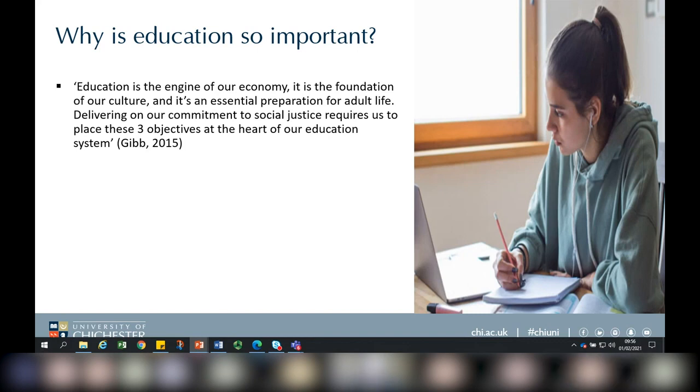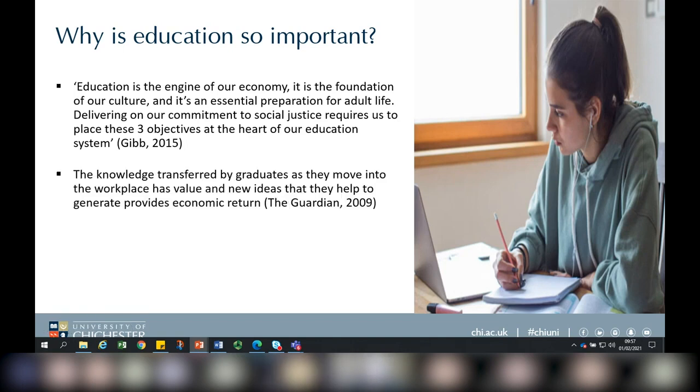Absolutely, because you are the future. You are going to be working in the economy for several years after you graduate, so you need to be as fully prepared as you possibly can be. Also, this disruption to education because of coronavirus is just going to further widen the disadvantages that we already have in society.